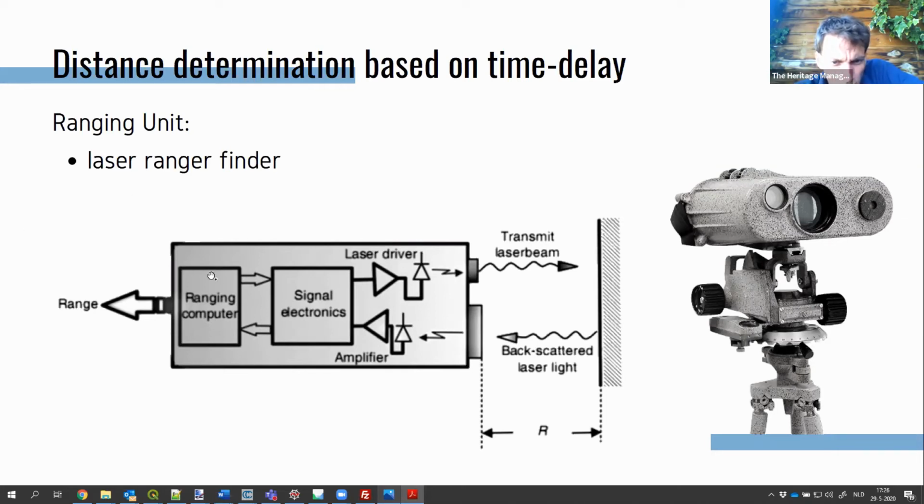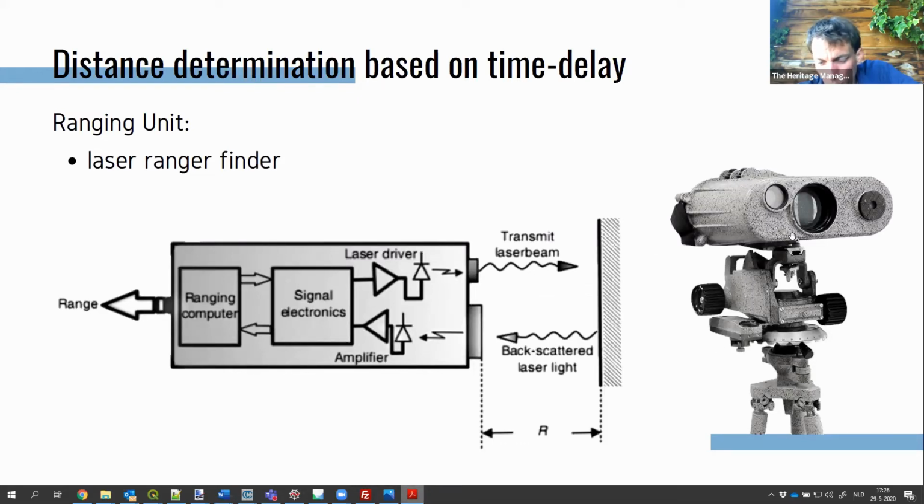What's happening here is the emission of a signal. We have a laser driver, and the laser driver will emit a certain signal, and the backscatter of that signal is recorded, amplified, and using the time difference between the two, you can extract the distance between the sensor itself and the echo.